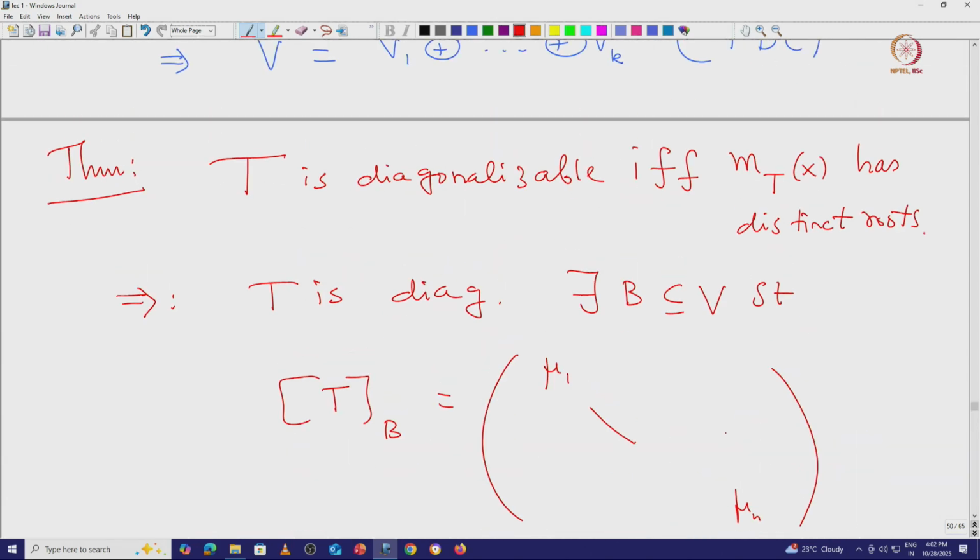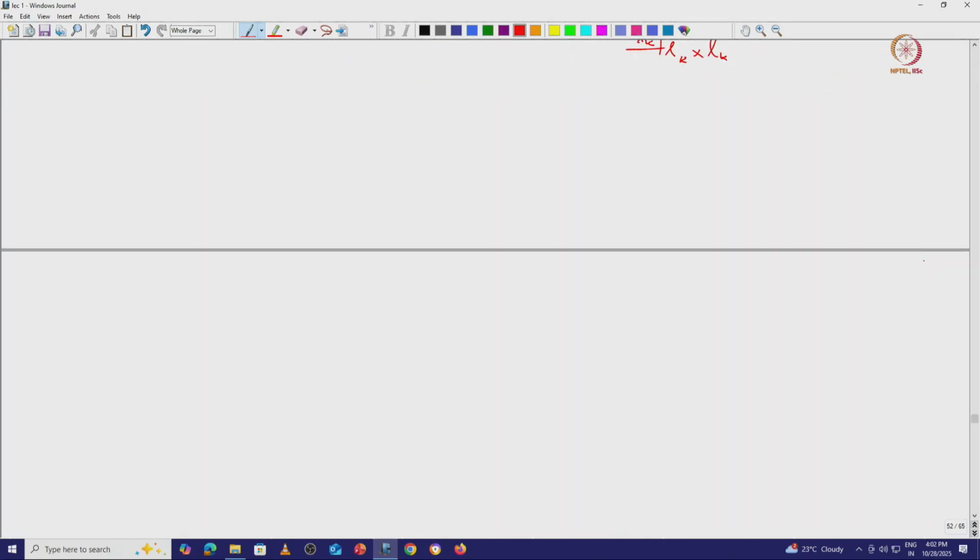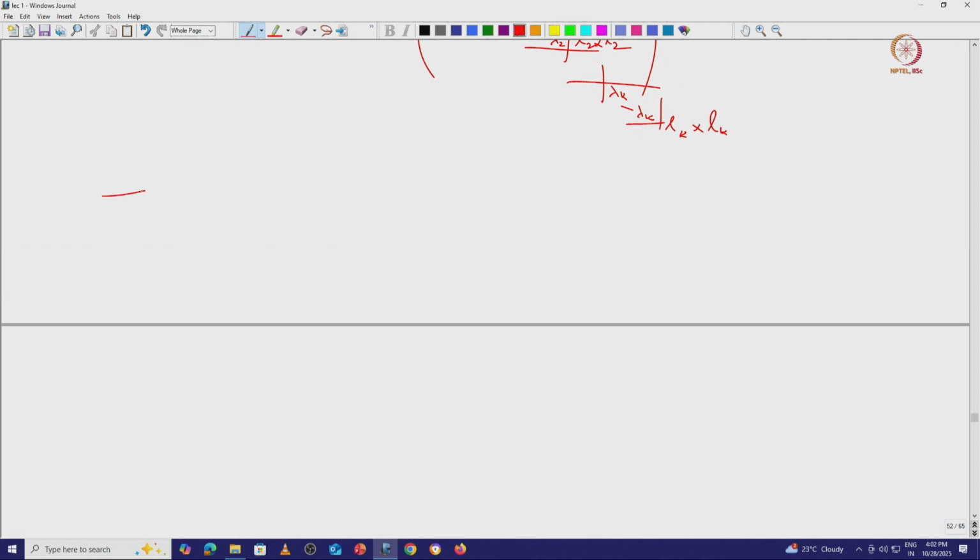Now we want to prove the other way. Suppose you assume that the minimal polynomial has distinct roots; then we want to prove T is diagonalizable. Again it easily follows from the primary decomposition theorem. Since M T of x can be written as a product of distinct linear factors, with multiplicity 1, assume all these lambda 1 etc. lambda k are distinct.